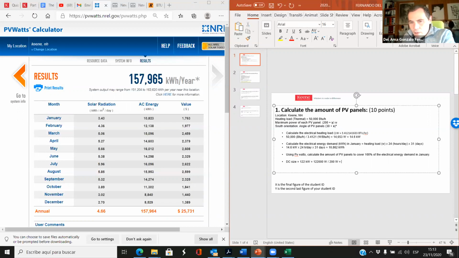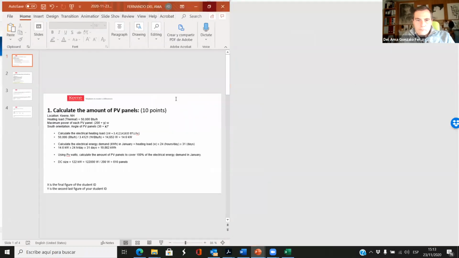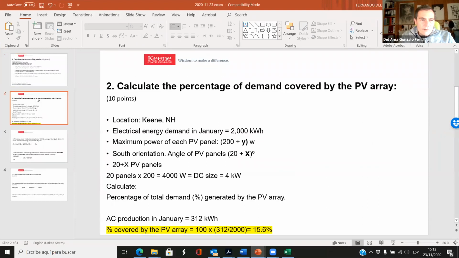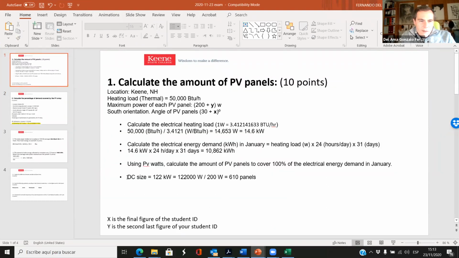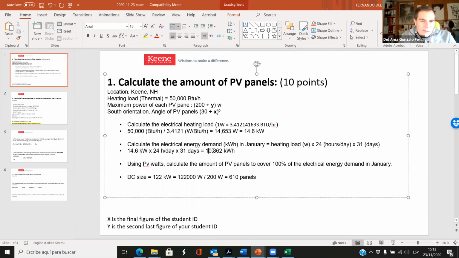So the number of panels is 122,000 divided by 200, which is 610. So first we have to approach the DC size so that the AC production is the same as the demand. Then we turn the DC size into watts, divide by the maximum power of one panel, and then we have the number of panels that we need.